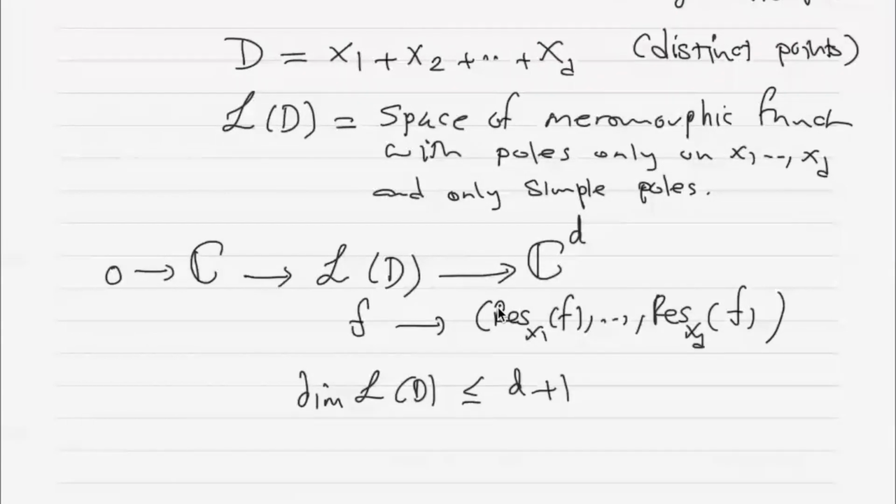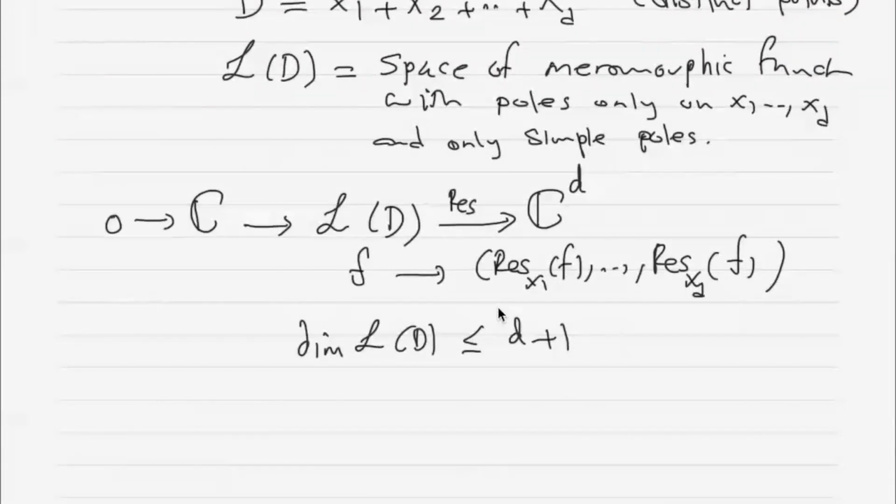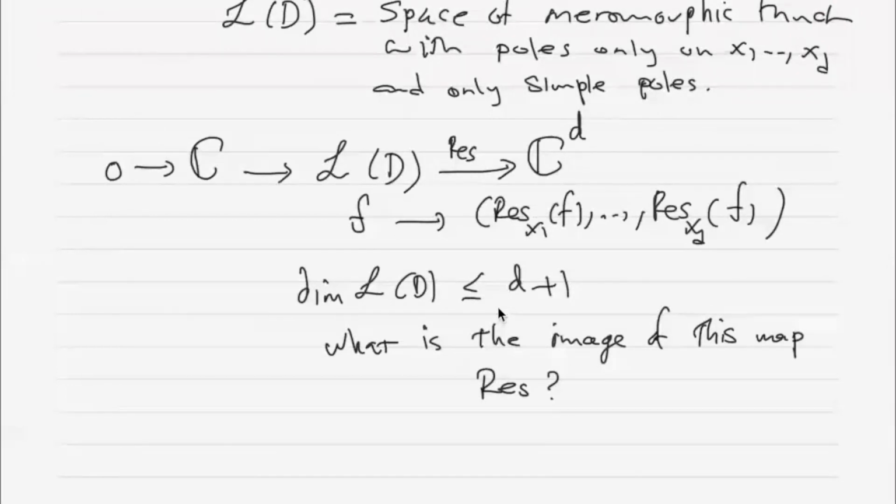This is something that we already knew, because we saw that in general, even if D is not just a sum of distinct points, the dimension of L(D) is always less than or equal to the degree of D plus 1. But one can make it more precise if one knows what the image of this map res is.